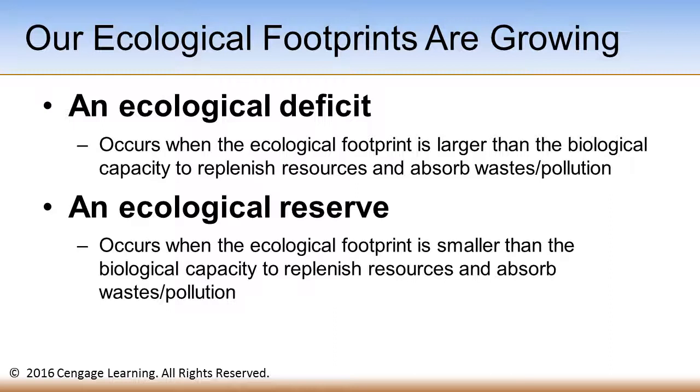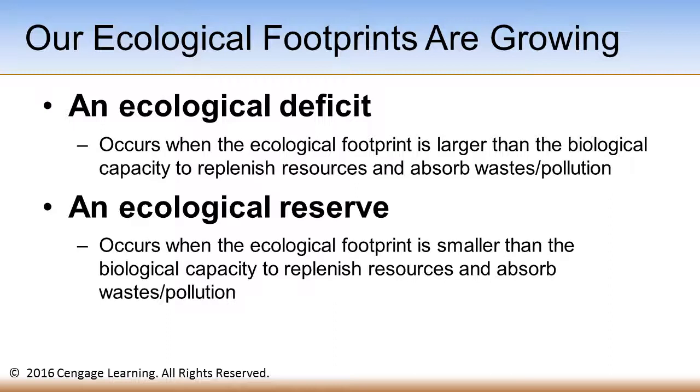And if the result is a negative value, it means the region is in an ecological deficit scenario. That is what occurs when the demand on the environment or the ecological footprint is greater than the supply from the environment or the biological capacity, i.e. the ability to replenish those resources and absorb waste and pollution.